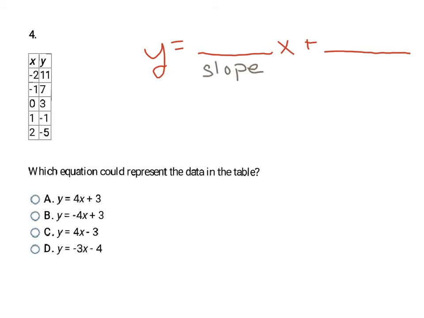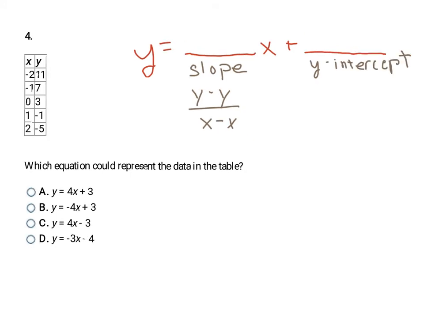You can either count that rise over run, but in this equation, we're going to have to subtract y numbers over subtracting x numbers. And then the number at the end that's being added or subtracted by itself is the y-intercept number. And it's the number where the line crosses the y-axis. Or if you're given a table like you are here, it's the number that has a 0 for an x-coordinate.